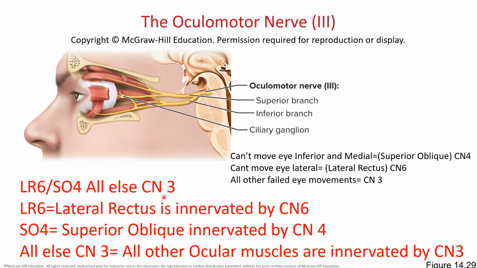This is the best way to remember what's different. If you remember these two exceptions, the LR6 and SO4, the superior oblique and the lateral rectus, cranial nerve 6, and then superior oblique, cranial nerve 4, then you'll just remember that all other movements that are failed will be a problem with cranial nerve 3.